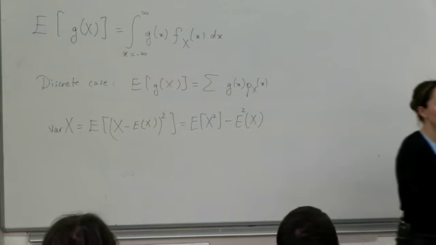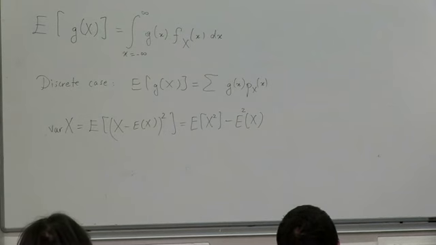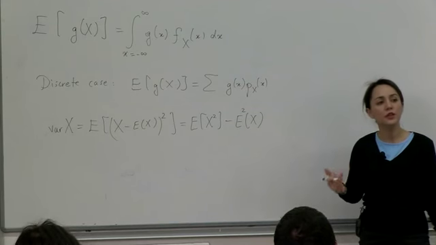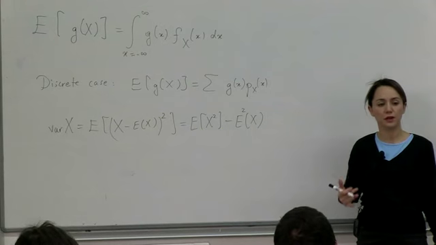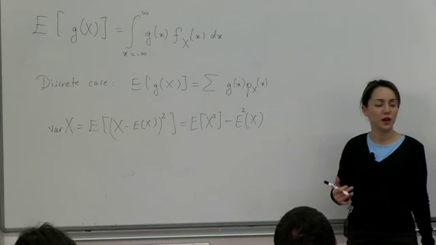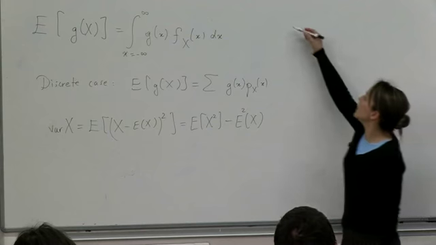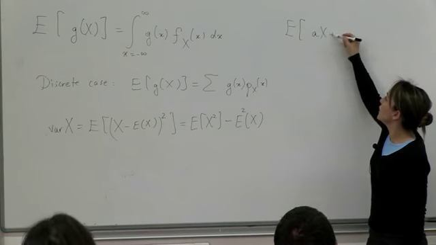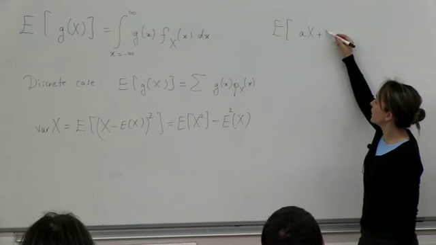But have we shown linearity in the continuous case yet? Not really, although it's obvious. So let's show that for continuous random variables, expectation is linear. How do we show that? The expected value of aX plus b.